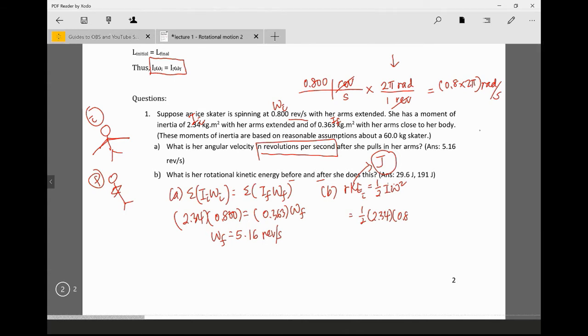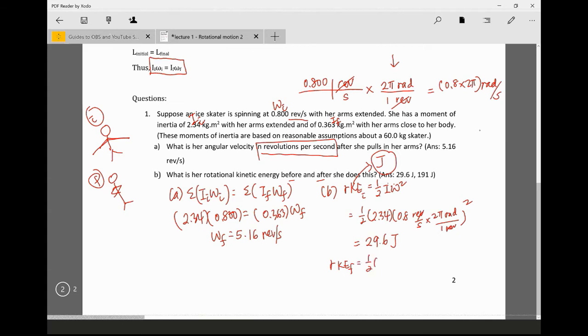So 0.8 revolutions per second converts to radians by multiplying by 2 pi radians divided by 1 revolution. You get 29.6 joules as the initial rotational kinetic energy.